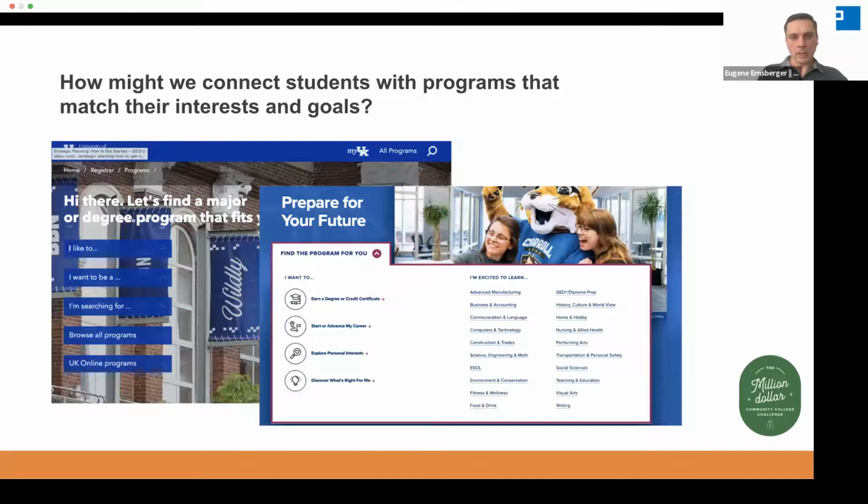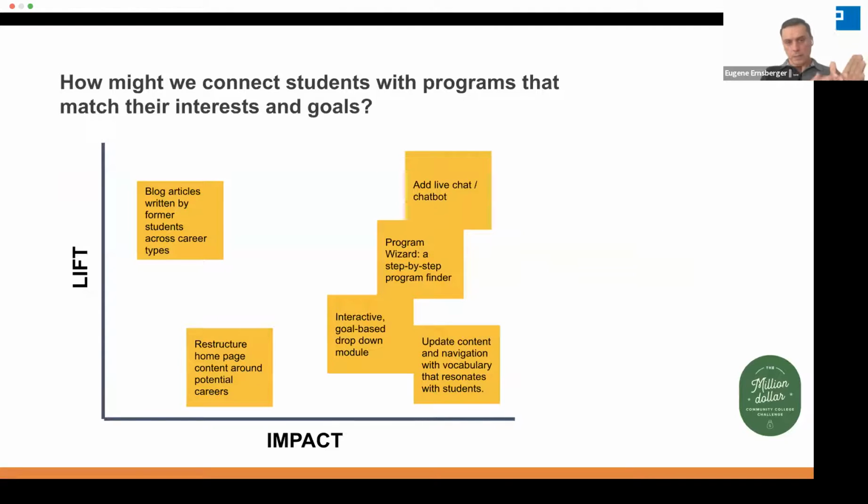So using some examples that we brought up earlier, and using this question, how might we connect students with programs that match their interests and goals? You can see how these two colleges approach that, and we can think through all the ideas that we just tossed out as part of the brainstorm with that same question, and start plotting those.